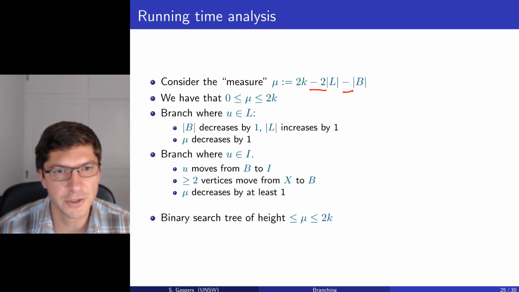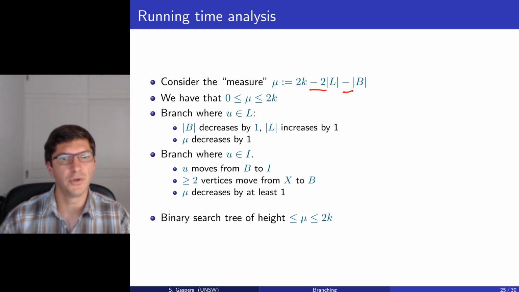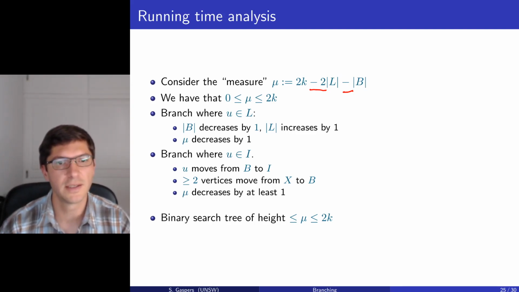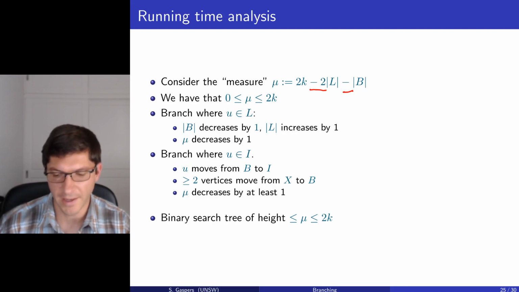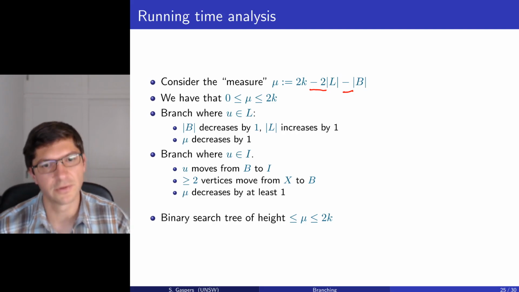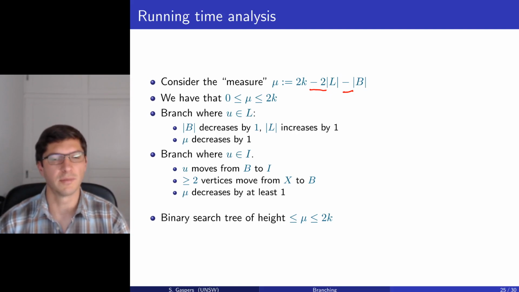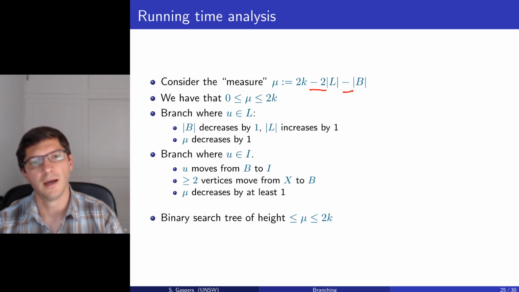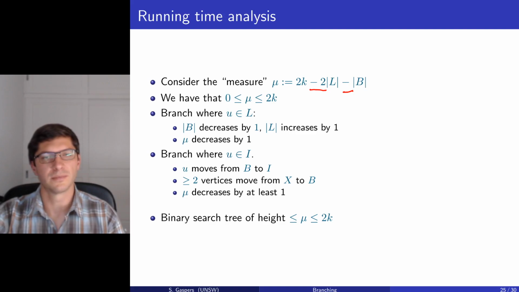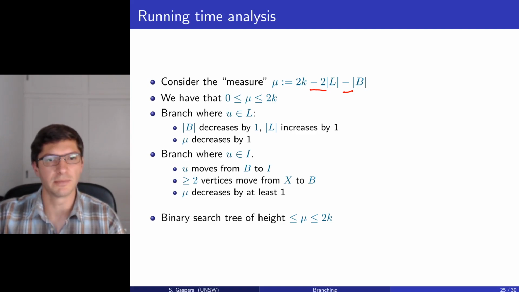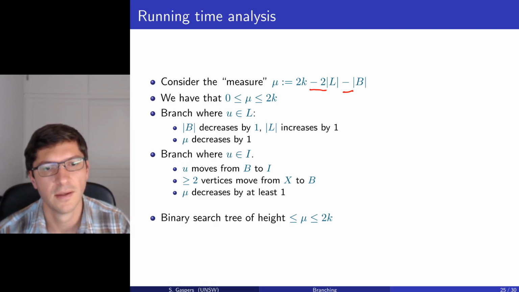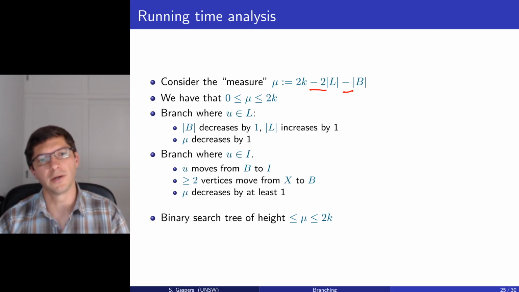So we have that in each branch, this measure mu now decreases by 1, and so that means the height of our search tree is at most mu, because we start off with mu, and so each time mu decreases by 1, and when it's 0, we stop. So the height of this binary search tree is at most 2k, because mu is at most 2k.